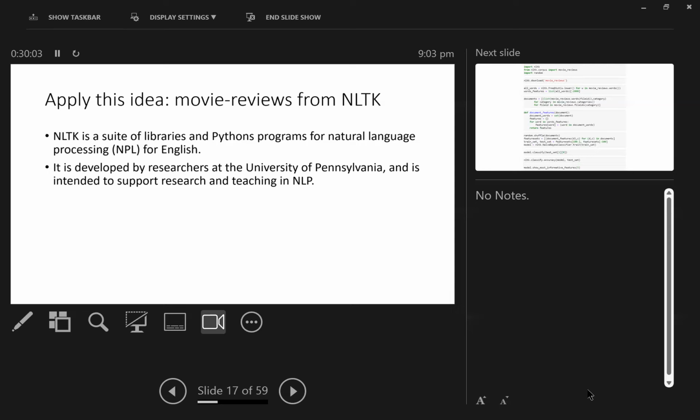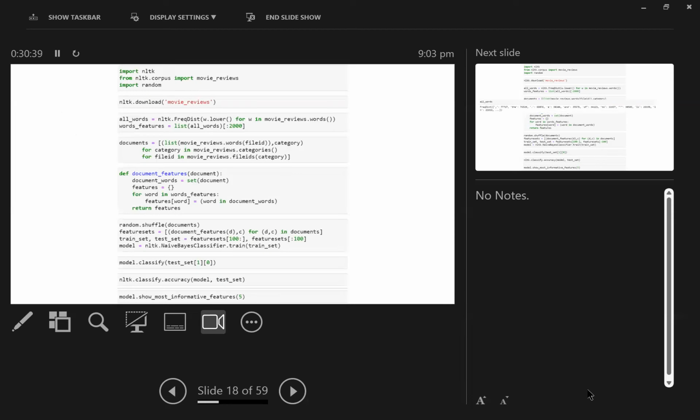This is prepared by the research community related to natural language understanding, and it provides much material for students and researchers interested in machine learning, in order to have the data and supporting functions for us to learn or teach natural language processing techniques. So our example will be picked from this natural language toolkit.